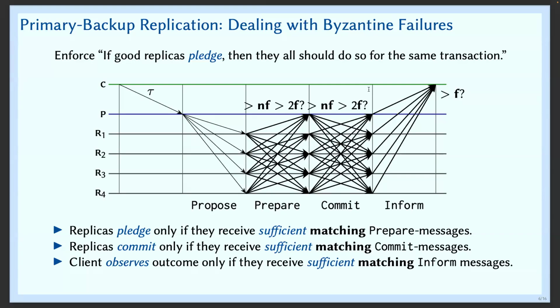If the client received 2F plus 1 commit messages, what can the client conclude about the state of the replicas? If the client receives 2F plus 1 commit messages, not inform, what can it conclude about the state of all the replicas?